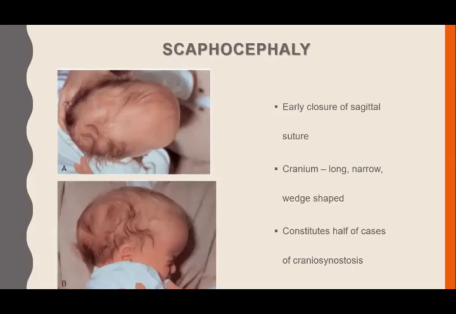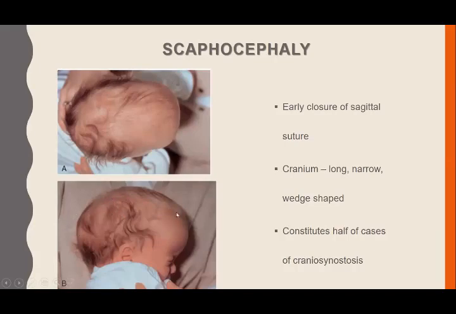ये देख लीजिए, this is long wedge shaped skull. This develops because there is early closure of sagittal suture. Sagittal suture is the suture between the two parietal bones. Okay?